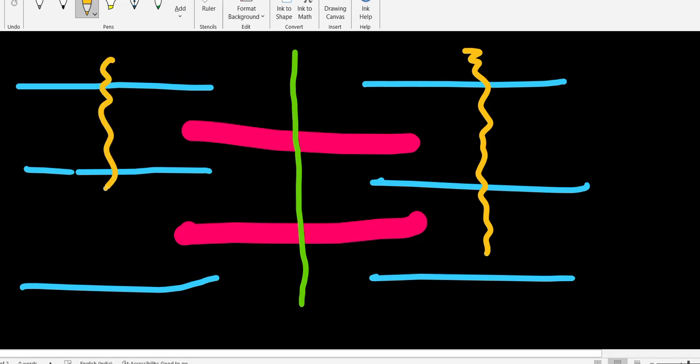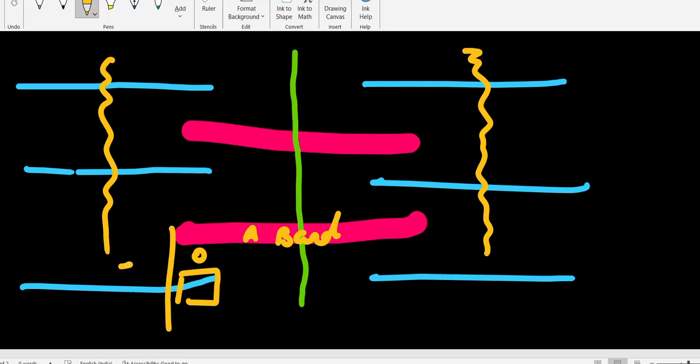So this whole one we call it as A band. The entire myosin we call it as A band. Then this part which is coinciding with the myosin we call it as O band because overlap kar raha hai. Now what about this band which is not overlapping? We call it as I band. Forget about half I. You know that this is half I and this another side is half I. But we are not focusing on that.